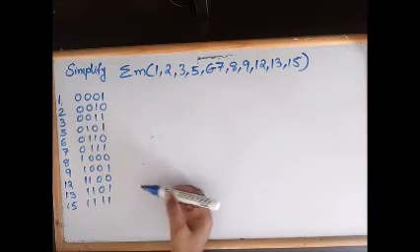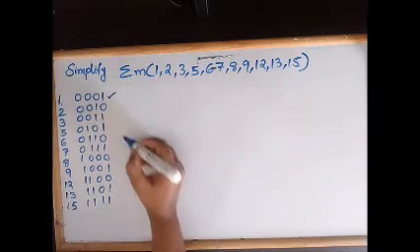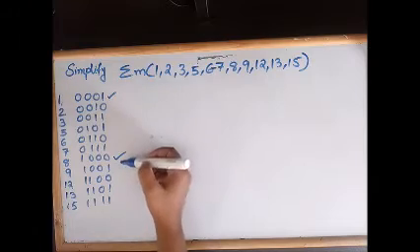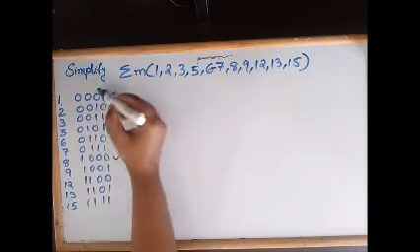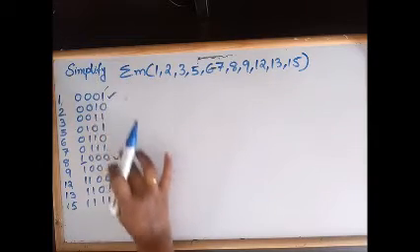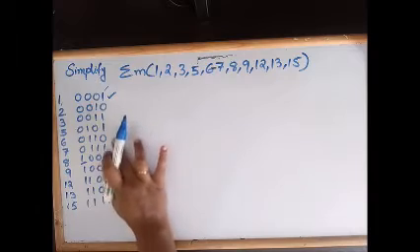For example, consider 0, 0, 0, 1 and 1, 0, 0, 0. In both these numbers there exists only a single one, right? So we can consider 1 and 8 in the same group. Similarly we need to identify all other groups.